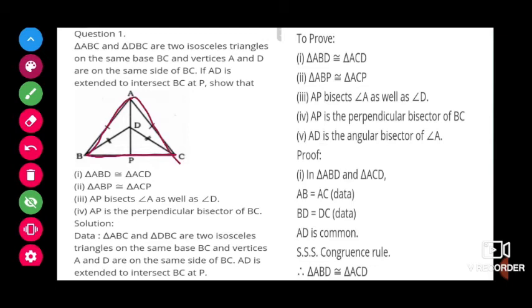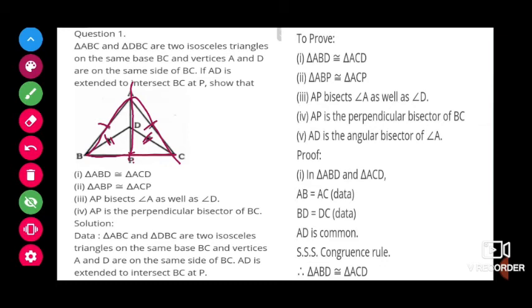This side is equal to this side, and this side is equal to this side, on the same base BC. And vertices A and D are on the same side of BC. If AD is extended to intersect BC at P, then show that.